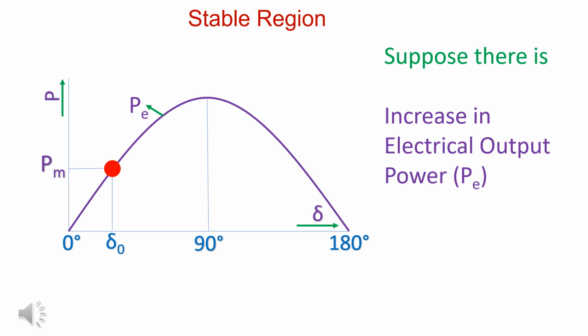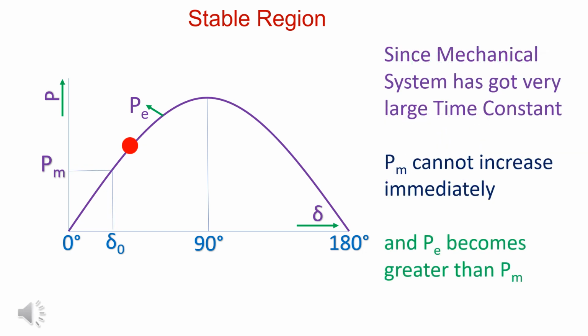Suppose, due to certain reason, electrical power output Pe is increased suddenly. Since the mechanical system has a large time constant, it cannot change immediately. Hence Pe becomes greater than Pm.